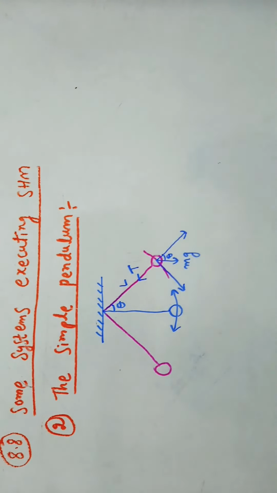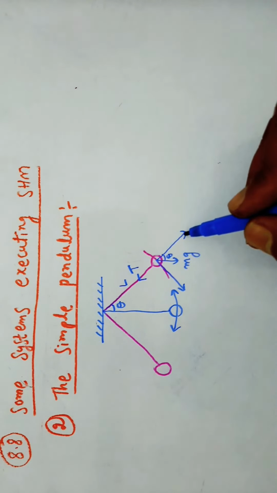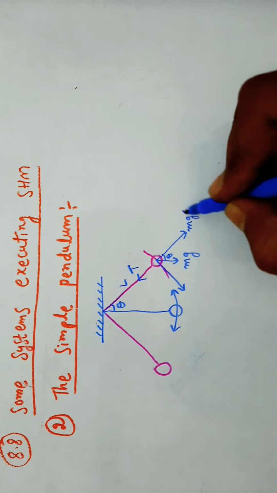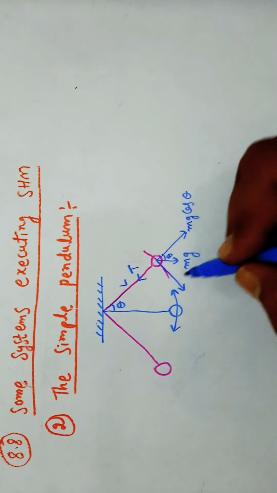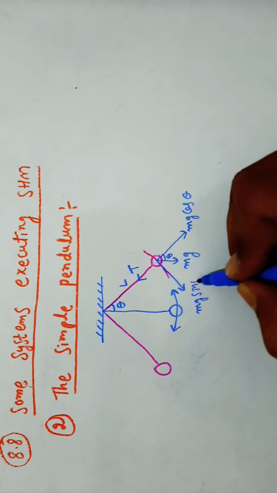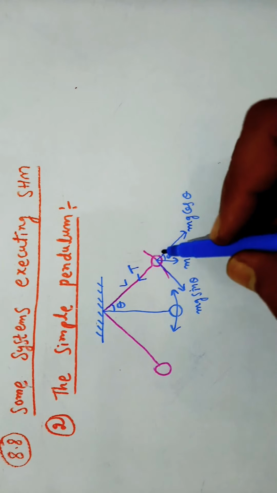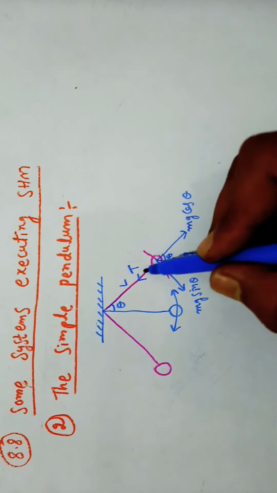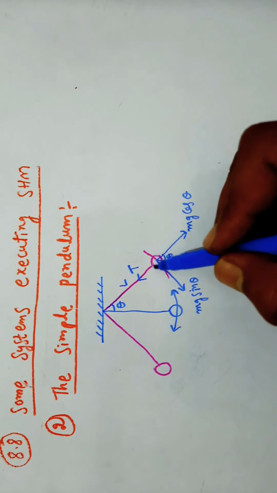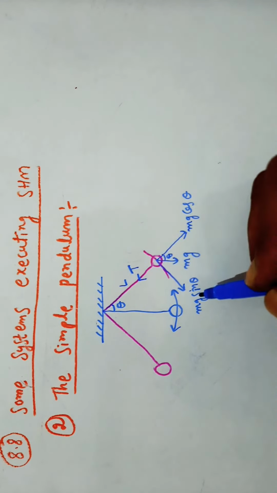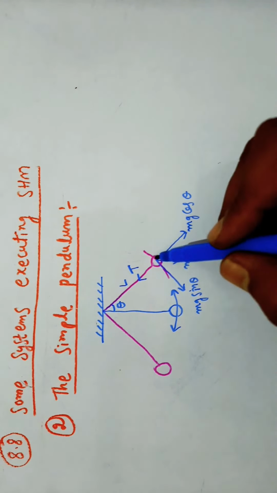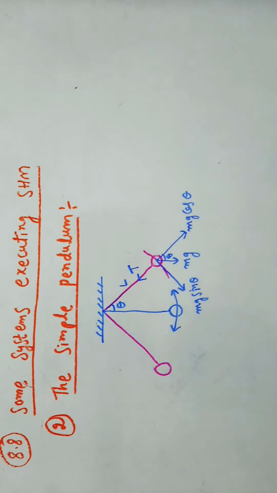So in this direction the component of mg is mg cos theta, and in this direction the component of mg is mg sin theta. Due to the tension force there is no torque on the bob, but due to mg sin theta there exists torque on the bob. So what is the torque?